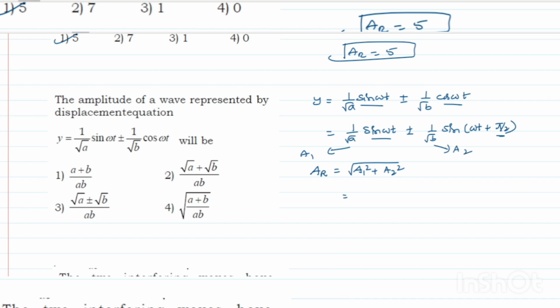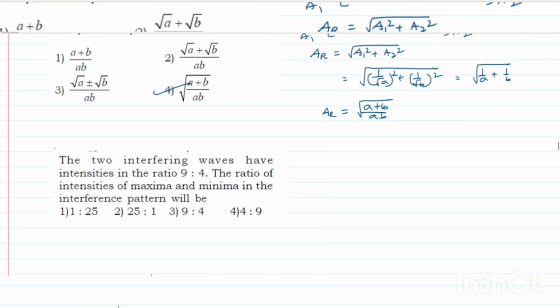It's nothing but (1 by root a) whole square plus (1 by root b) whole square, which is 1 by a plus 1 by b, under root. When we simplify this, we get a plus b by ab, under root. The fourth one is the correct answer.